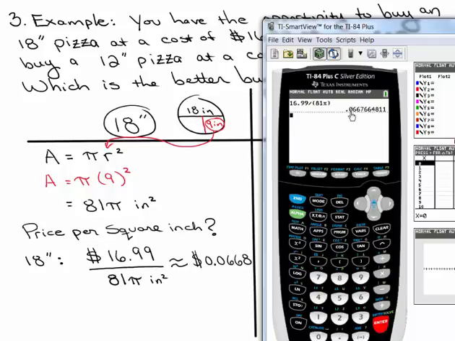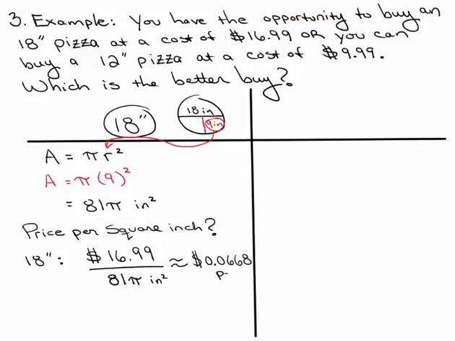So we're going to round to the nearest 10,000th. And that should help us see the price per square inch. So it looks like it's going to be this much per square inch.